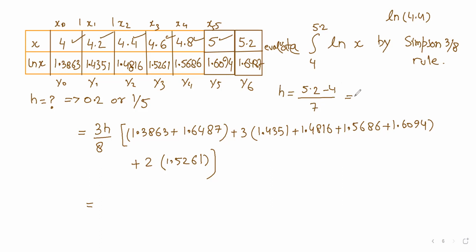Let me calculate: 5.2 minus 4 divided by 7 is equal to 0.171. Right? So h will be equal to this one in here.